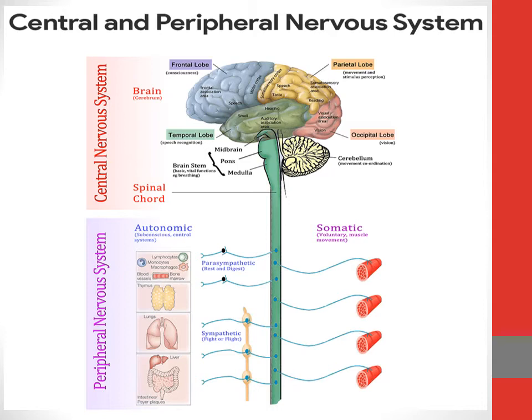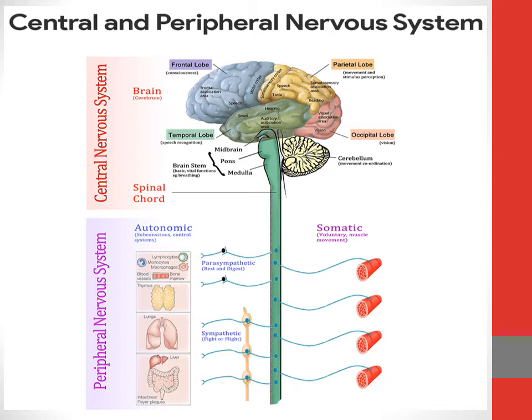Okay. The parietal lobe, well, right at the front of the parietal lobe, there's the sensory cortex. So that's going to be responsible for sensation of touch, of heat, of pain. It will be sensed there.